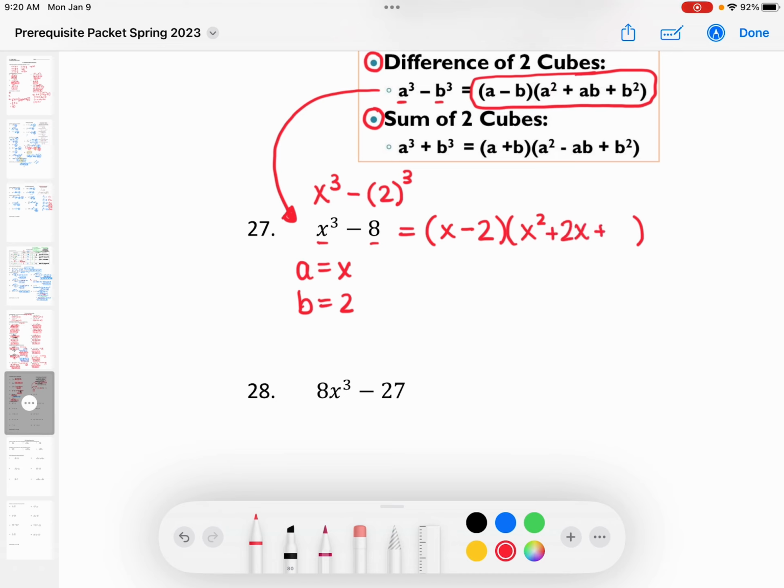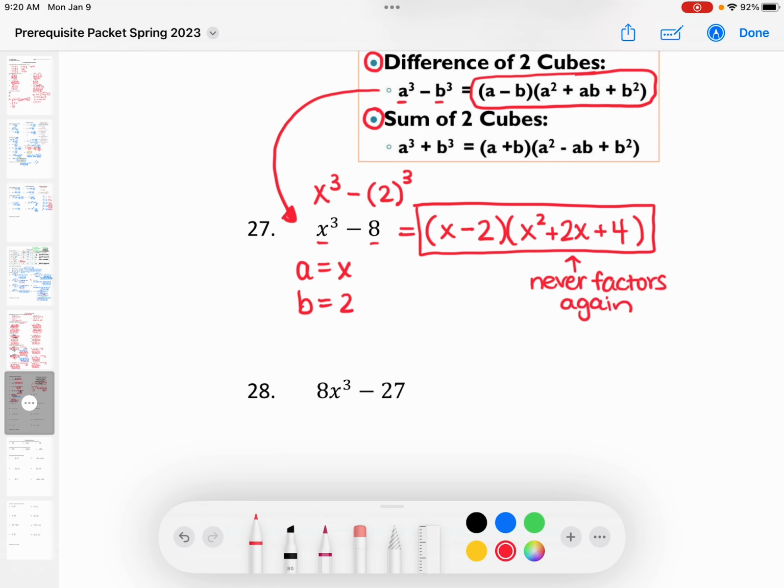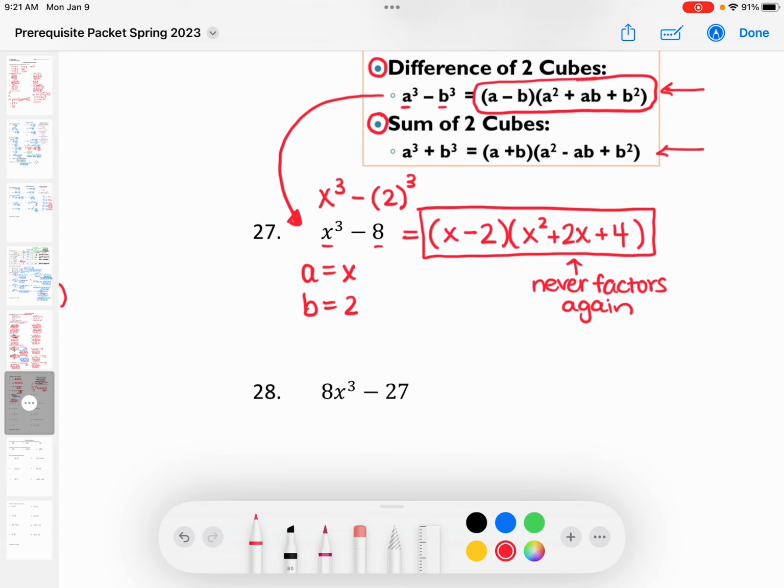When I said formula for factoring, I meant that's your final answer. The second part, if you're using difference or sum of 2 cubes, it never factors again. You are going to need to memorize these 2 formulas. We didn't make you memorize them in Algebra 2, but now it's college, so we're gonna go all in. You should memorize those. It's probably just gonna take some practice.